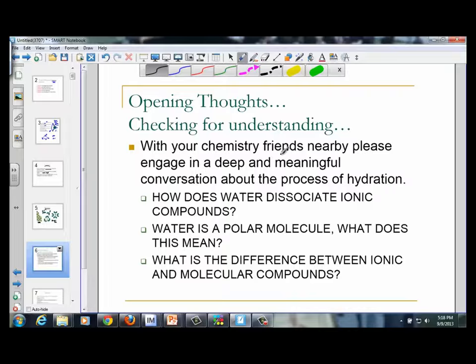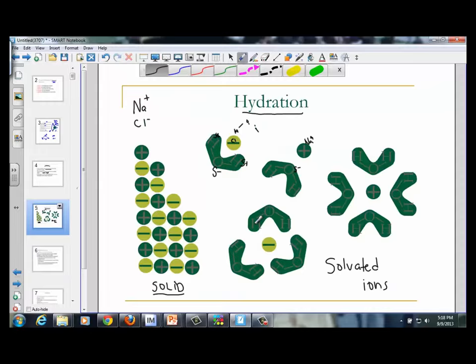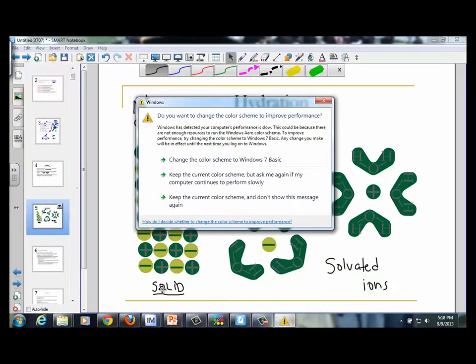Let's check in our own heads some concepts for understanding. How does water dissociate ionic compounds? Water dissociates ionic compounds through the opposite charges, just a basic law of electricity. Here we have a repeating pattern of positive and negative ions in a solid phase.